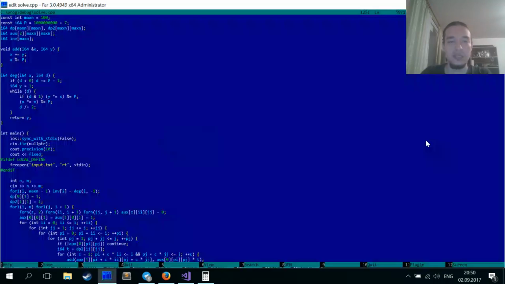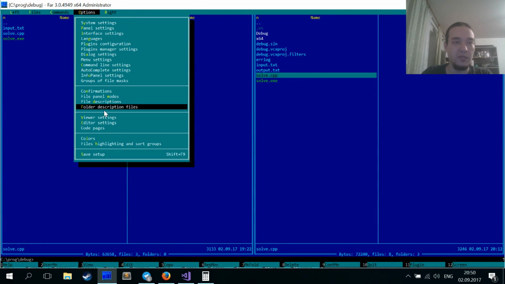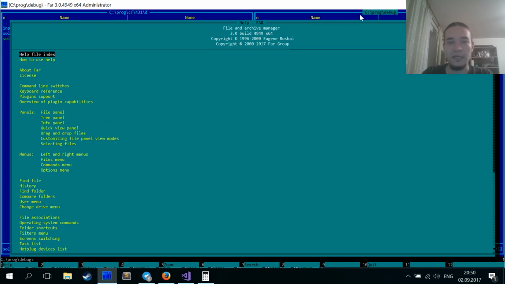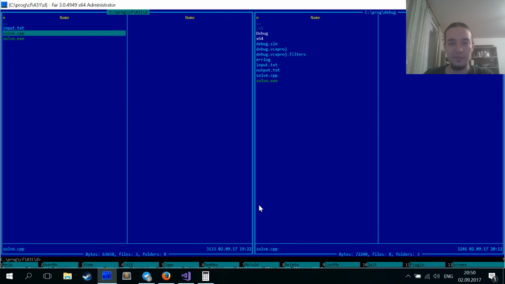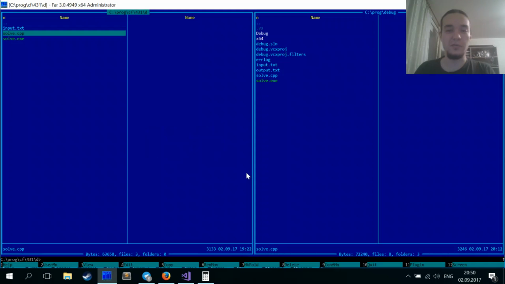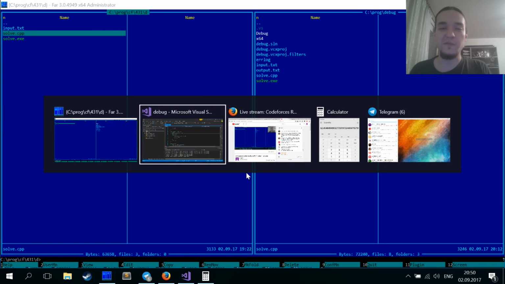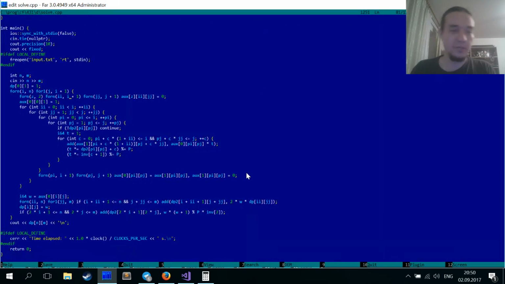IDE? Yeah, it's just the FAR manager. It's pretty much a minimal DOS-like environment, and the reason I choose it in place of, say, Visual Studio is that Visual Studio can be really slow. If you're writing the code and you compile, it just weirdly and slowly, and maybe eventually compiles. So I write code within this simple environment.